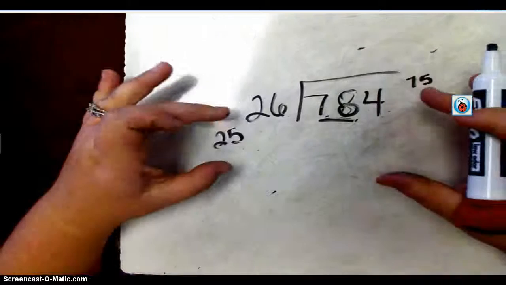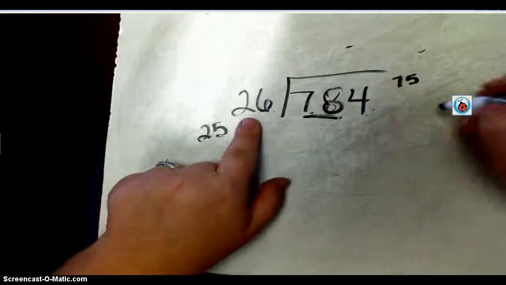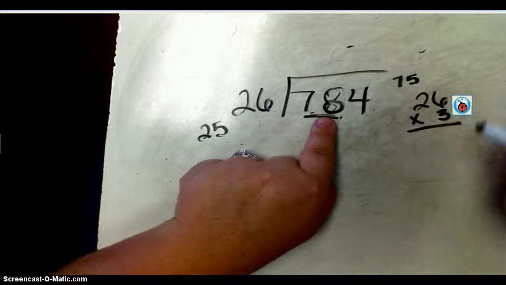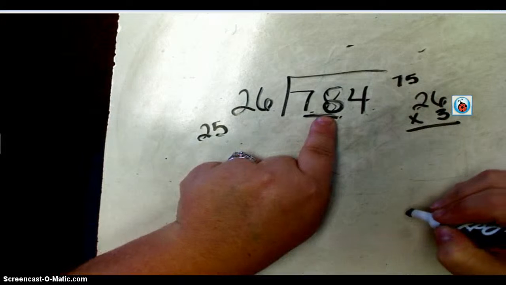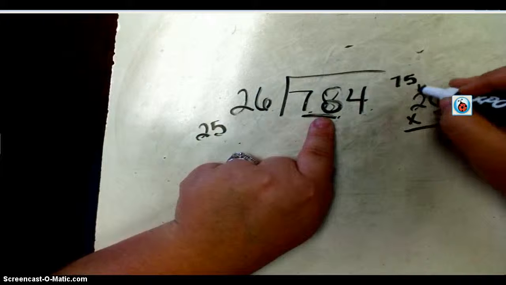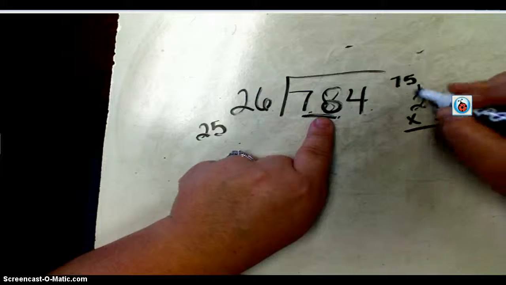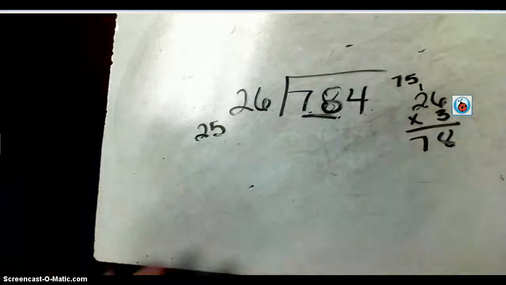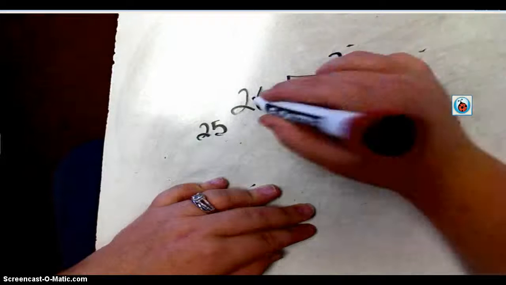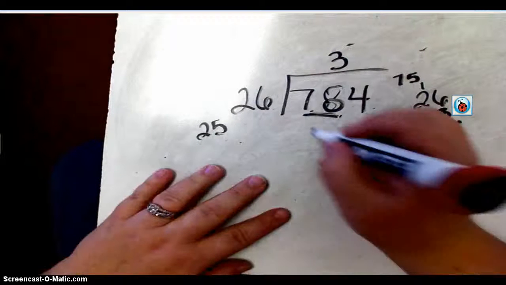So then I'm going to go back to my original number of 26, and I'm going to multiply that times 3 to see how close I can get to the first part of this, 78. So 6 times 3 is 18, carry my 1, 3 times 2 is 6, plus 1 is 7. That gives me exactly 78. So I put my 3 above the 8. 3 times 26, I did that math over here, it is 78.